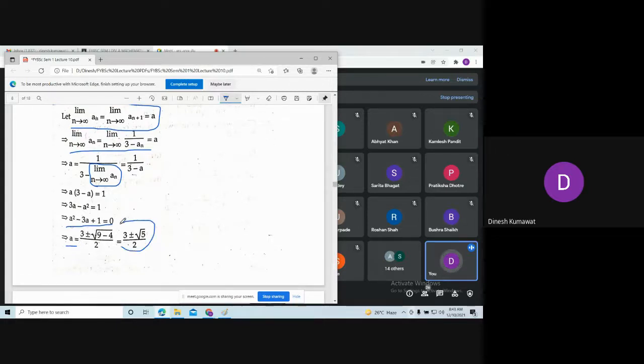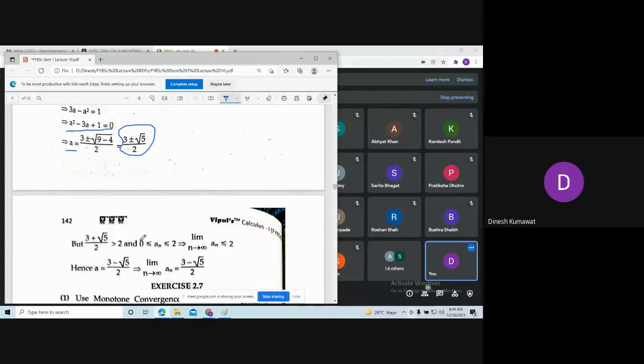Here we are getting the value of a as this, which is bigger than 2, and we have this kind of relation. You can see the limit of a_n is always less than or equal to 2. So it can't be this number, because this number is strictly bigger than 2. So this won't be possible.